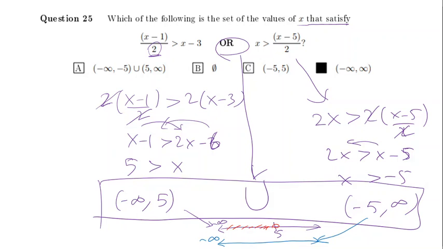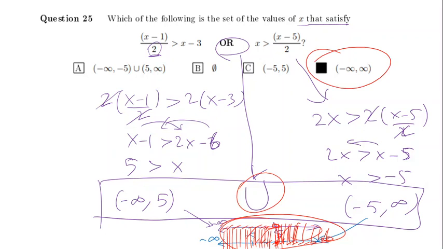It will go up to minus 5, and it will be minus 5 to infinity. Then the union means you take all the shaded parts. In the union, you don't take only the mushtarak, you take all of them. So the whole set should be minus infinity to infinity.